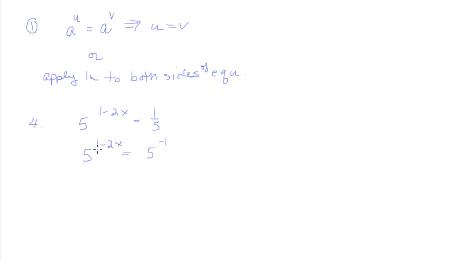So that means I can just set the exponents equal to one another and then solve. I would have negative 2x is equal to negative 1 minus 1, or negative 2, and then divide both sides by negative 2, and x is equal to 1.